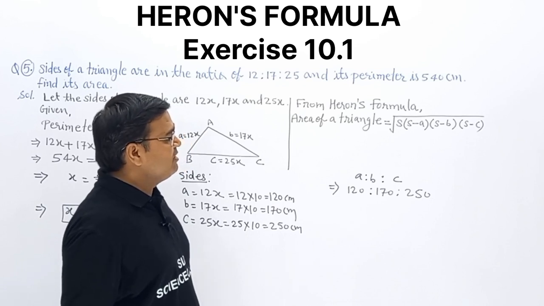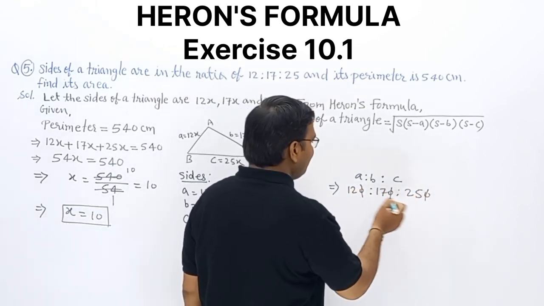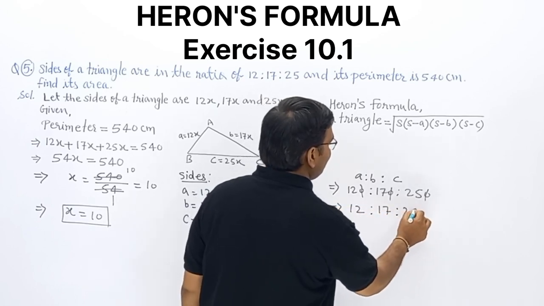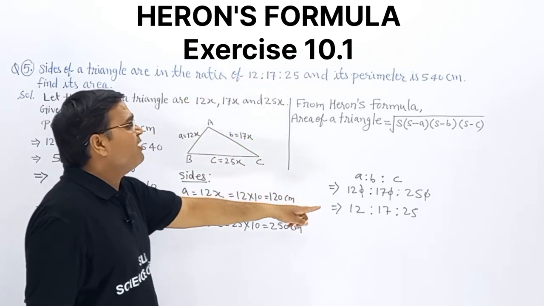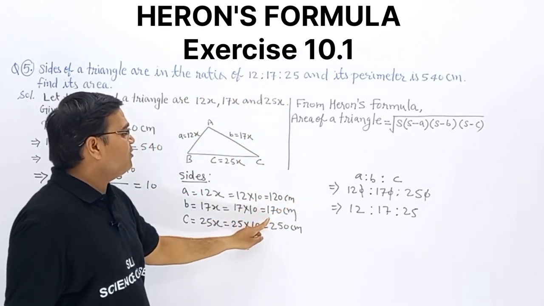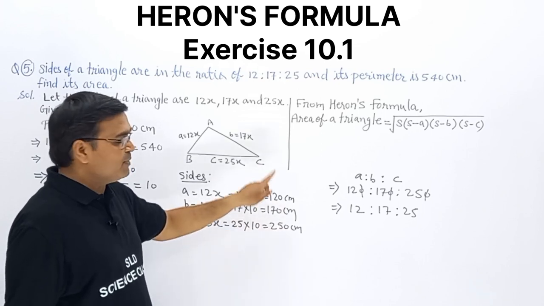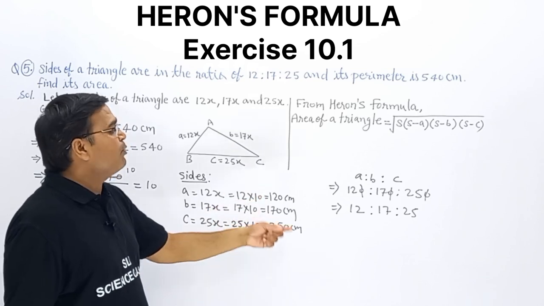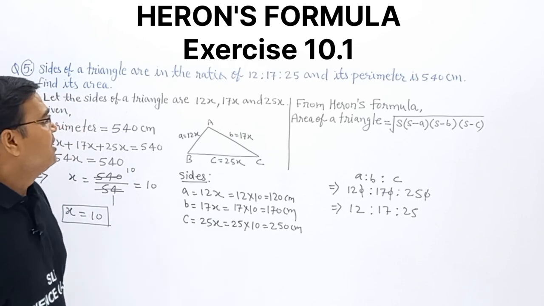All are divisible by 10, and no other number is common, so we get 12 is to 17 is to 25. It means the ratio is this one, and the exact values are 120 centimeter, 170 centimeter, 250 centimeter. I hope you understand these whole things.